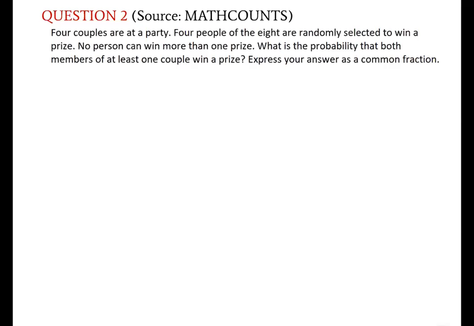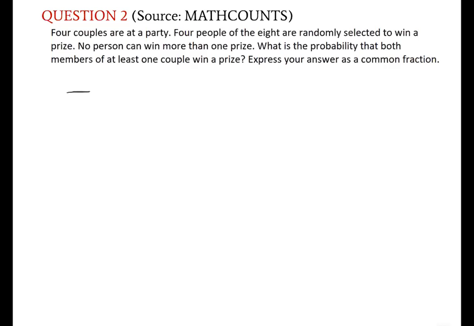Question 2. 4 couples are at a party. 4 of the 8 people are randomly selected to win a prize. No person can win more than once. And we want to find the probability that both members of at least one couple win a prize.